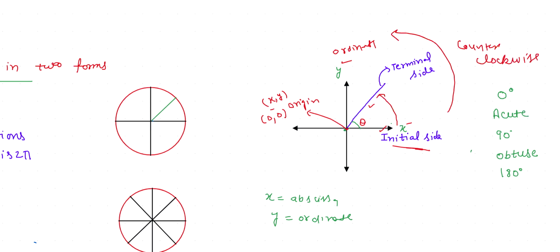If the rotation is on this side, in the clockwise direction, then you will find the angle is negative. So this is the difference between the clockwise and counterclockwise directions in which we measure the angle. Clear? Okay.